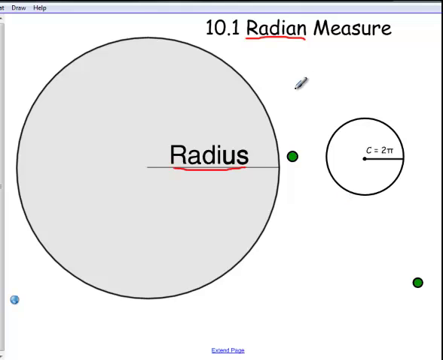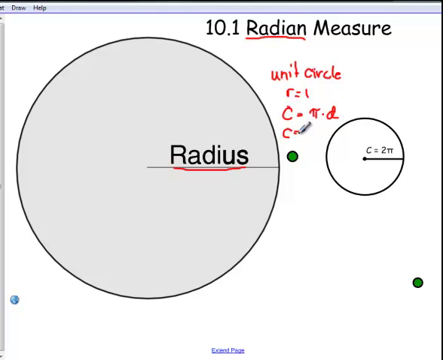So let's just go back for a second, and let's remember this is a unit circle. And a unit circle means the radius is 1. So if I were to do the circumference, remember circumference is pi times diameter.